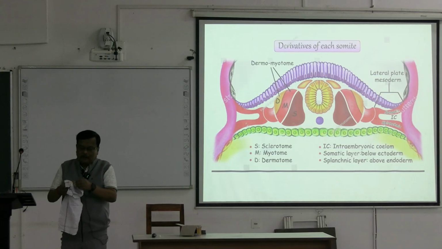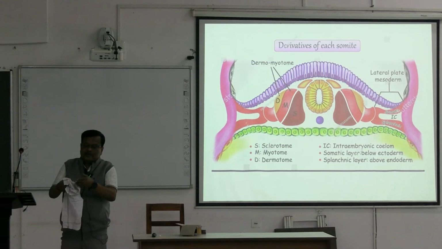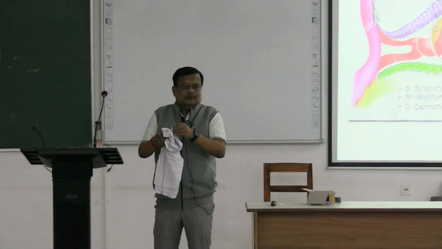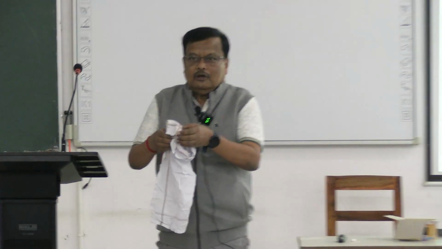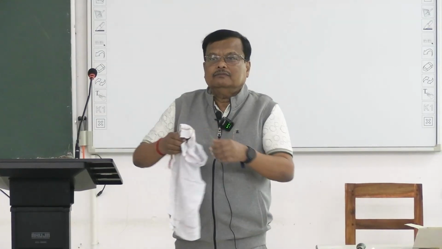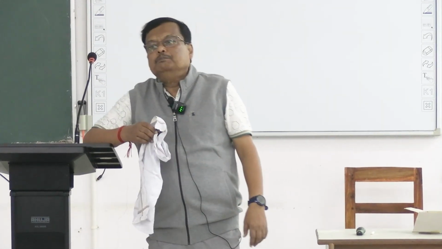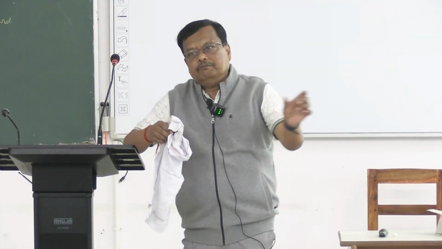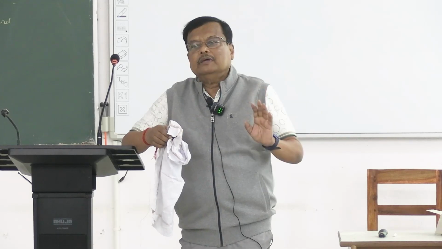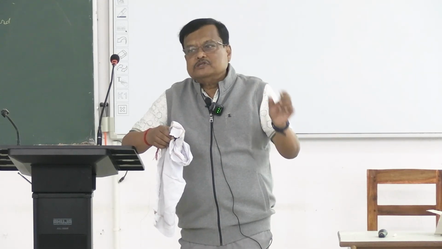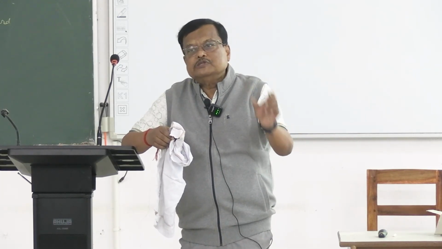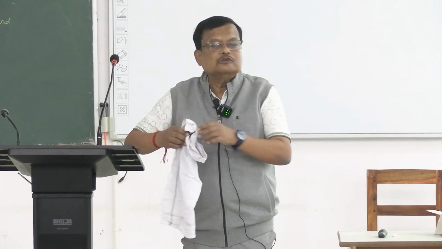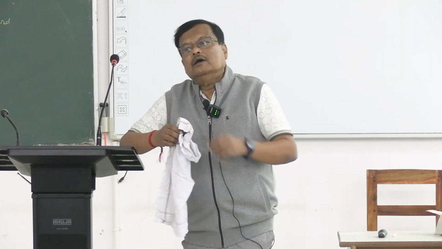And the layer which completely covers and is closely adherent to the viscera, we call it the visceral layer: in case of the heart, the visceral layer of the pericardium, in case of the lungs, the visceral layer of the pleura, in case of the stomach, the visceral layer of the peritoneum.